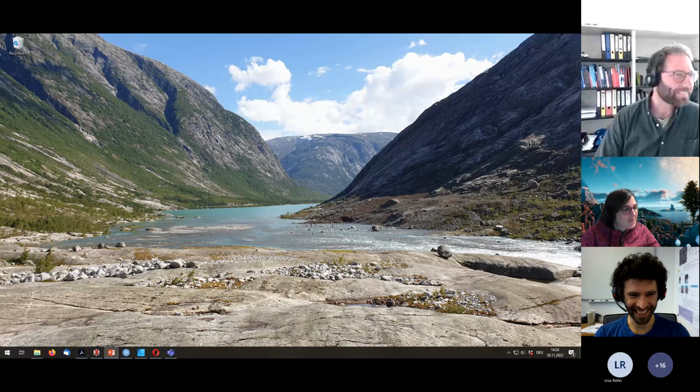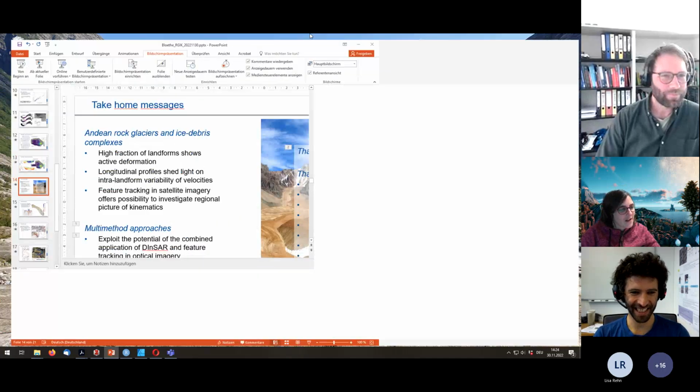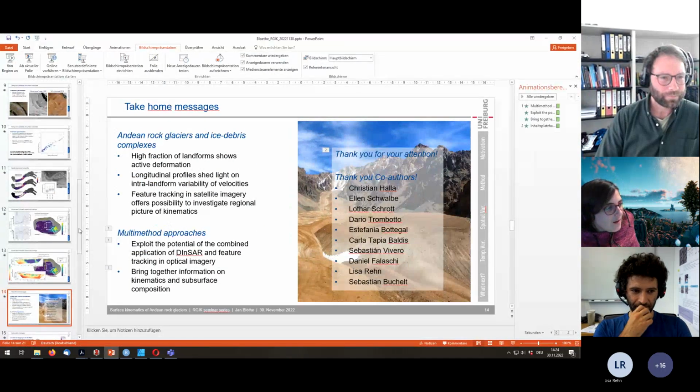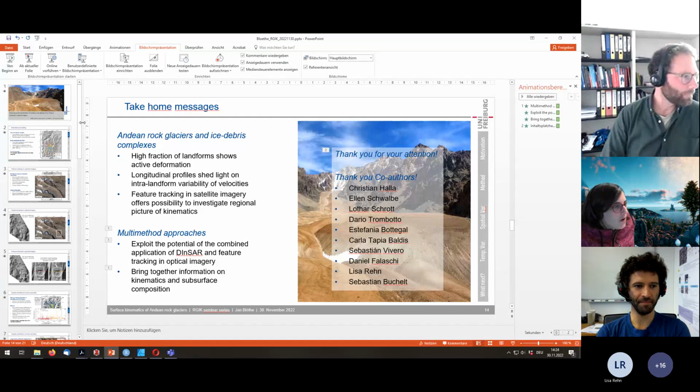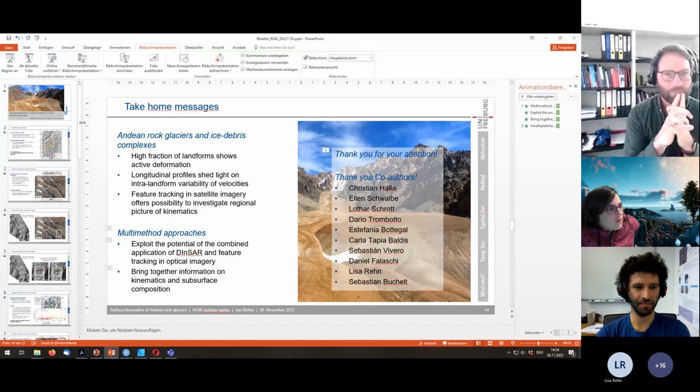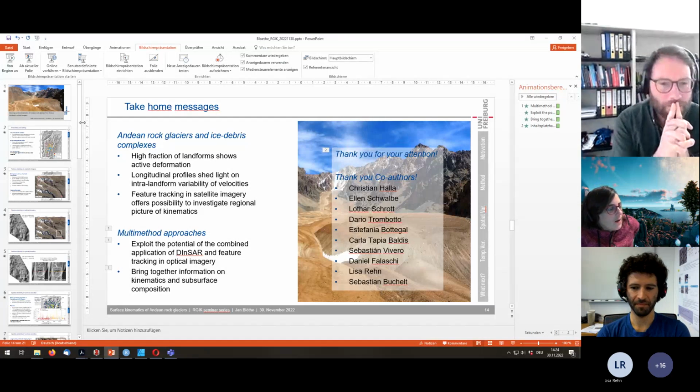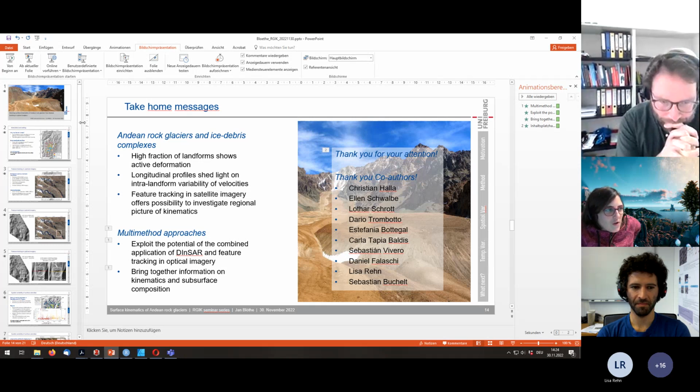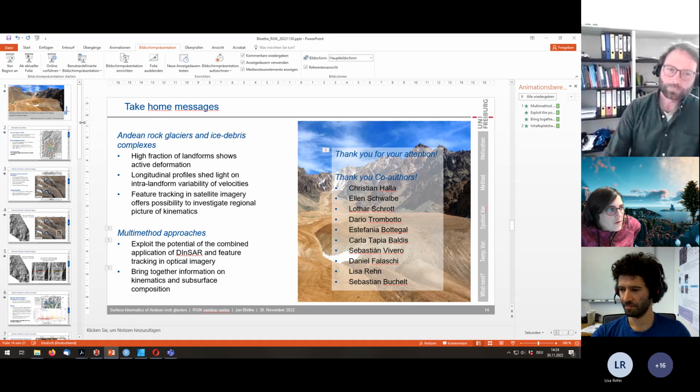Just one question. In the final version of your inventory, which other parameters do you document in addition to the size and velocity? Do you have any other attributes you document for the inventory?